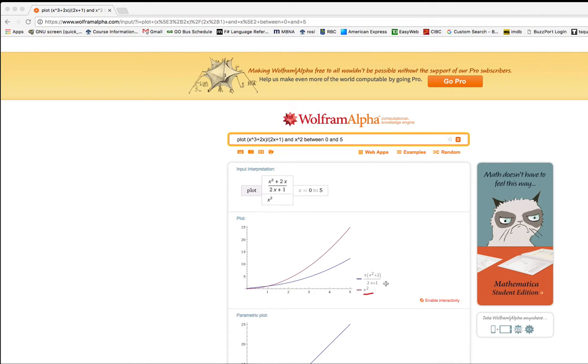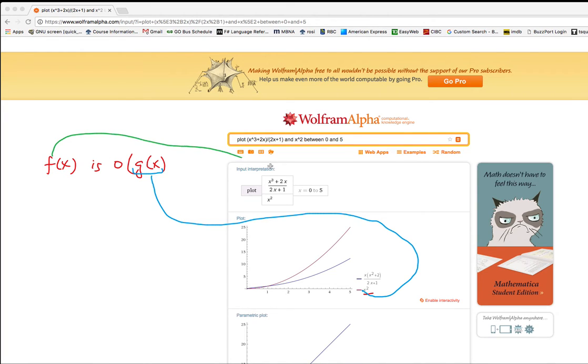And the question was whether this entire statement is actually true, meaning is f of x BigO of g of x, where g of x is this function over here, x squared, and this f of x is my function over here.